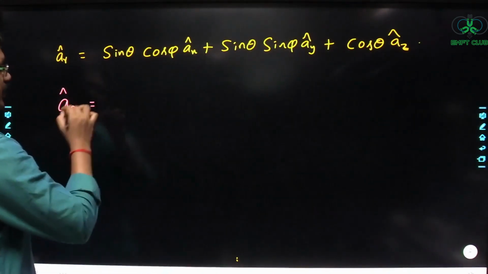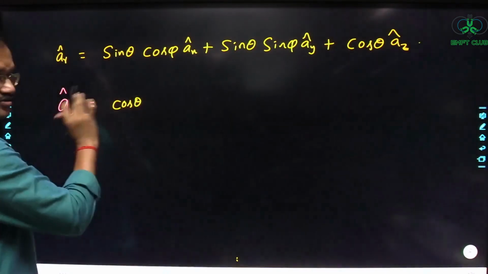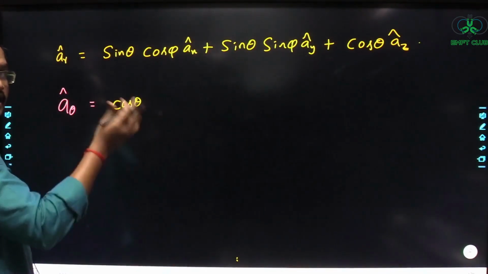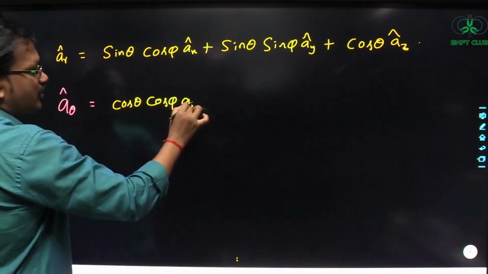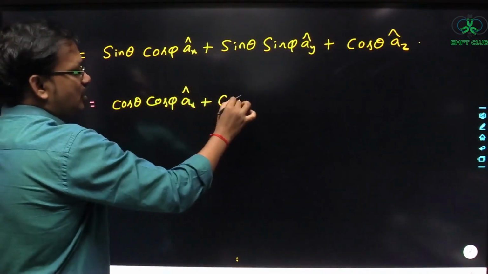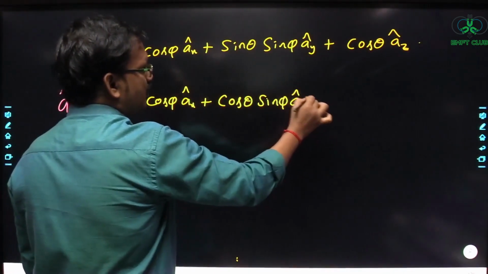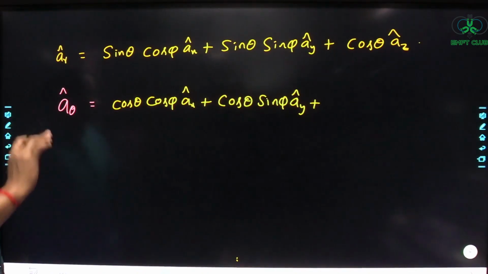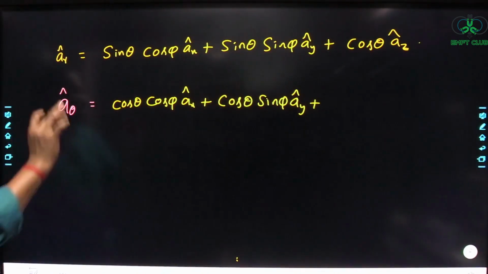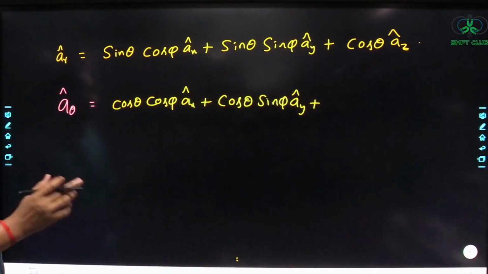So a_theta cap is equivalent to what? Its component in the xy plane is nothing but cos theta, and this cos theta is again resolved into x component and y component. Along x, its component is cos theta cos phi ax cap. Along y, the component is cos theta sin phi ay cap. And the angle between a_theta cap and the z axis is 90 plus theta.